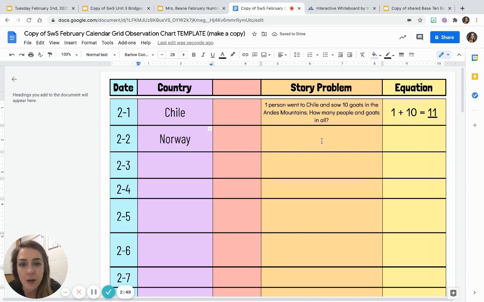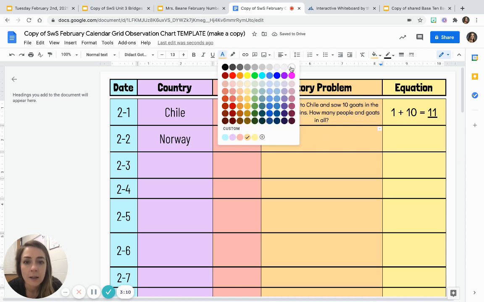All right, so today I'm going to write our country, which is Norway. And remember, this part is blank. Today's story problem, I'm going to read it and I'm going to type it at the same time. It says two people, oops, wrong box. I need to change the color. Here we go.